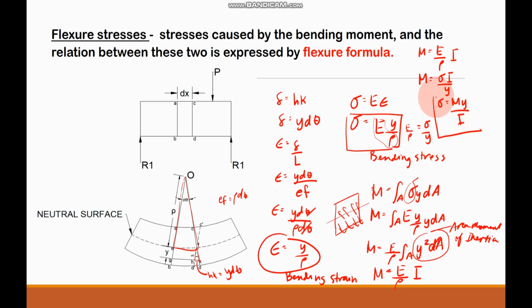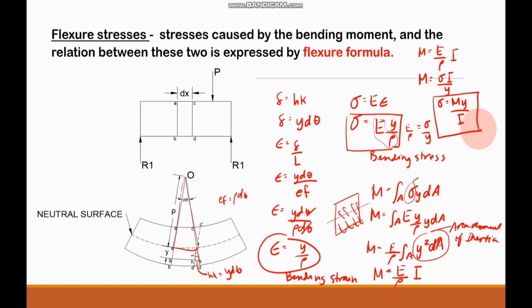So this is the flexure formula, and the flexure stress is equal to the bending moment multiplied by the distance from the neutral axis to the fiber all over the moment of inertia.